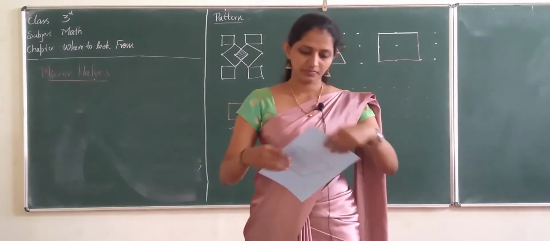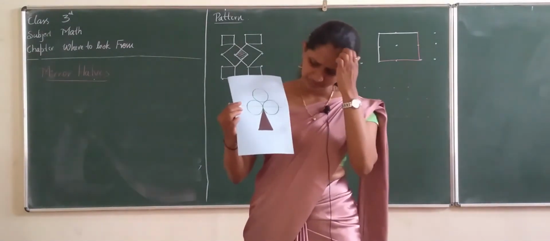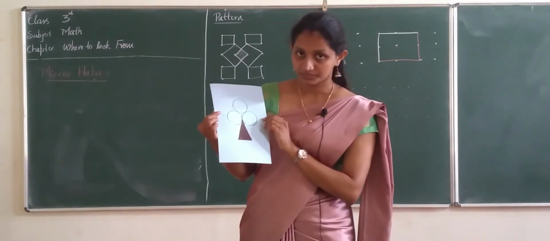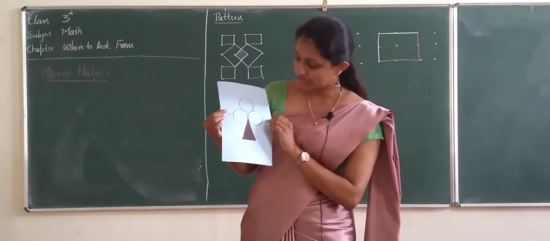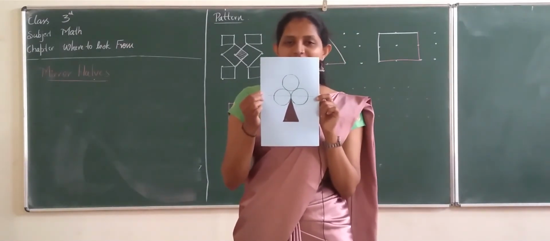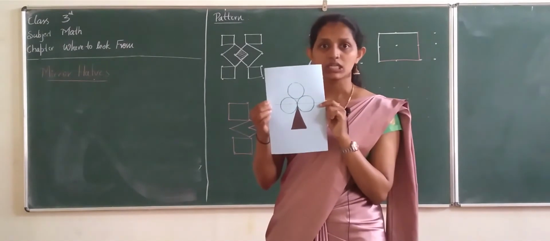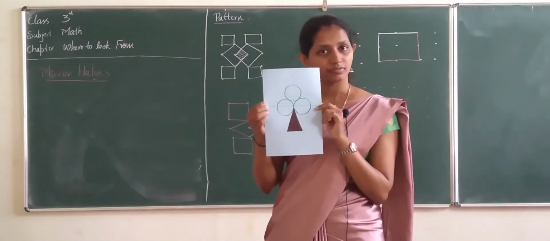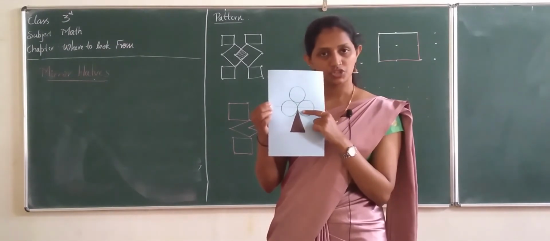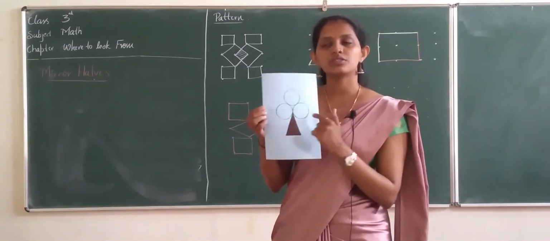Now, can I get an equal half when I cut through this dotted line? This one is a small tree-like picture, okay? Can I get exactly half of this picture when I cut through this dotted line?